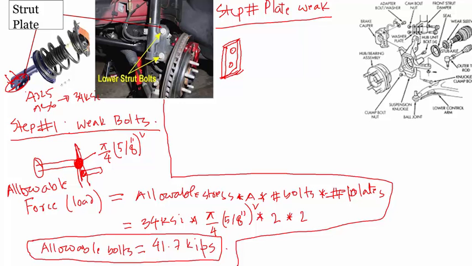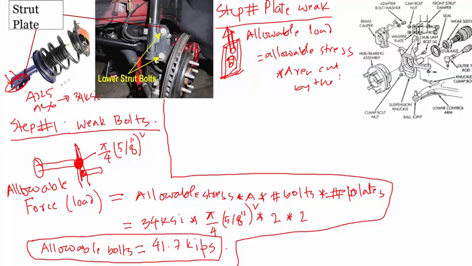Imagine that you're moving your finger inside jello. The bolt is going to shear off this plate this way, cutting this plate that way. So we can write the allowable force formula. The allowable force or load for the plate would be the allowable stress for the plate times the area cut by the bolt, times the number of bolts.